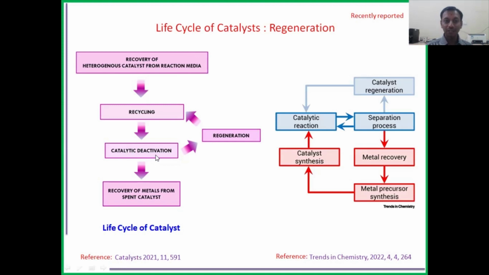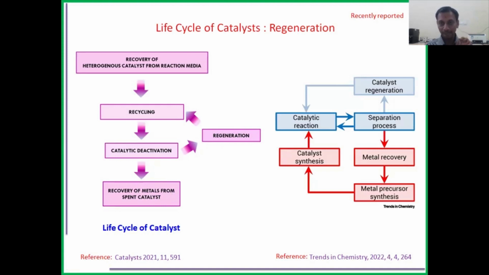So after getting catalytic deactivation, knowingly or unknowingly, if we want to use the catalyst again, then we have to proceed with the regeneration procedure. Recovery of metal from the spent catalyst is also one option. We can get the metal particles back from the spent used catalyst.